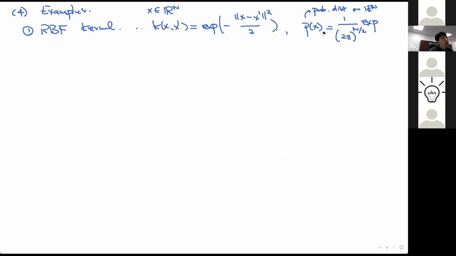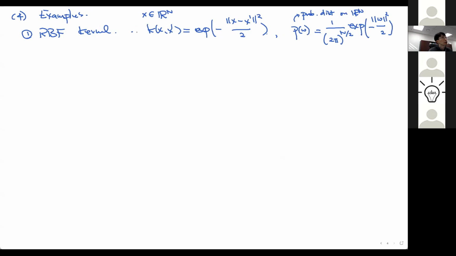Let's use w because that's the symbol that we used. So it's a normal distribution, which maybe some of you are familiar with.